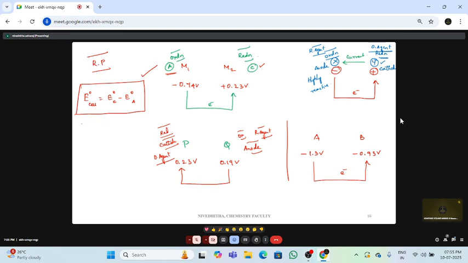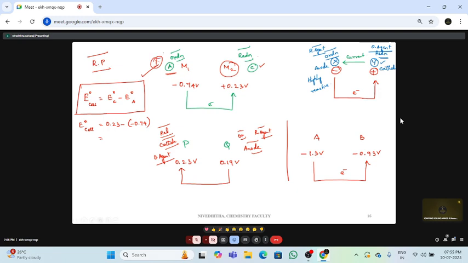So we can calculate the cell potential of the first system. Here, M2 is the cathode, and the electrode potential of cathode is 0.23 minus the value of anode, which is minus 0.74. If you simplify this, that will be the value of standard cell potential of cell 1.